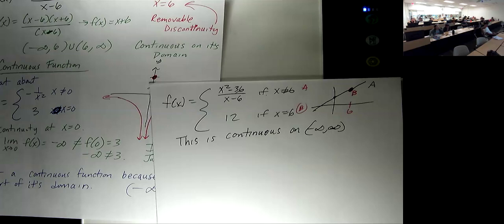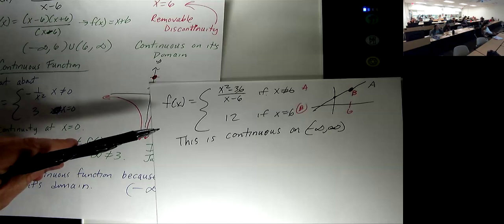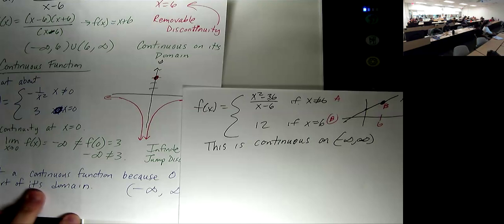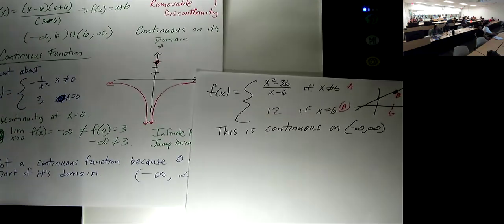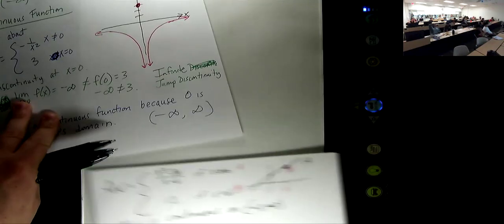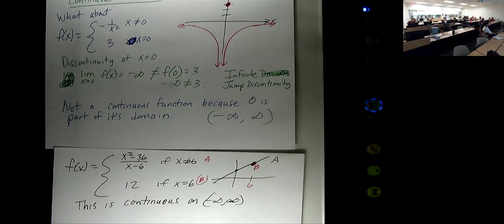There would be no reason to write f of x like this. You would just write x plus 6. But you never know, it happens. It's irritating, I agree. I told you in the beginning, I don't like this definition of continuous functions. But that is how they define it, so you're just going to have to connect the dots everywhere, basically, to make it continuous on its domain.